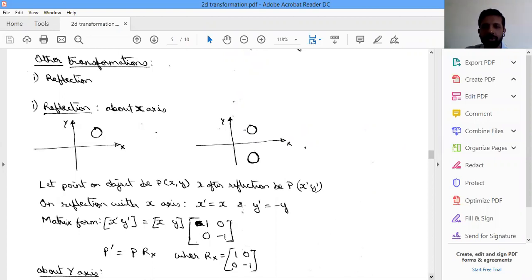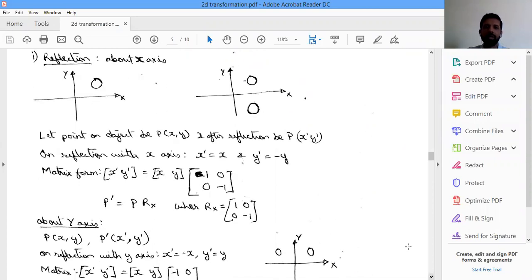So how does this happen? Let us take that the object has the coordinates x comma y, and after reflection it is going to be x dash comma y dash. What should the values of x dash and y dash be, so that the object is reflected and we get the copy onto the other side of the x-axis?